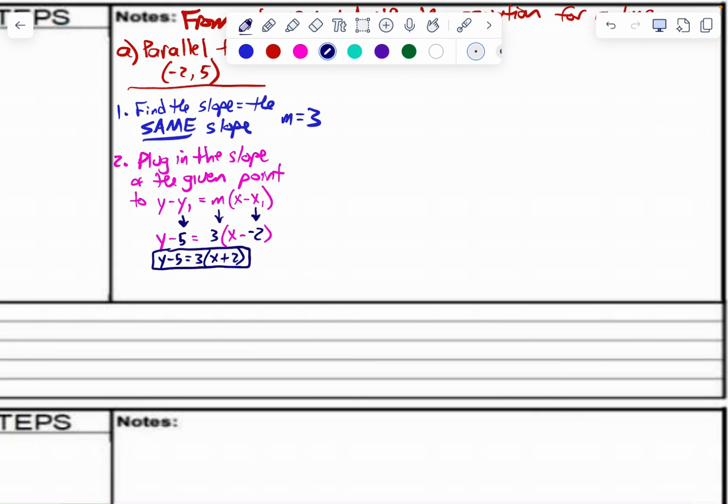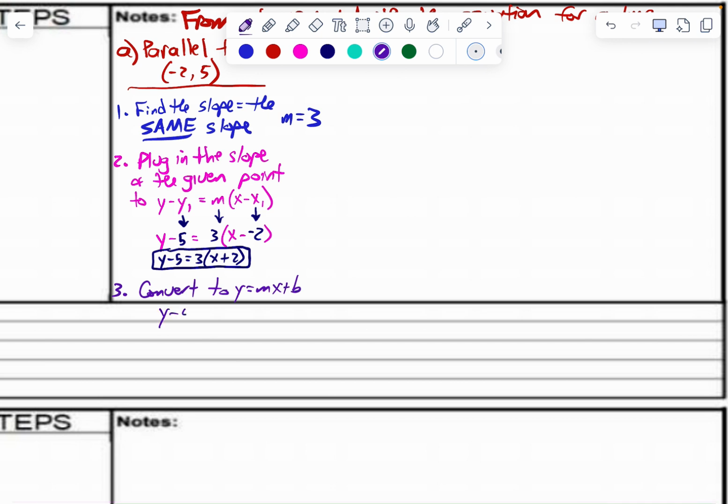Okay, and then again, if we're asked in slope-intercept form, sometimes we're forced to do it that way. Well, we get rid of parentheses and get y by itself. Okay?